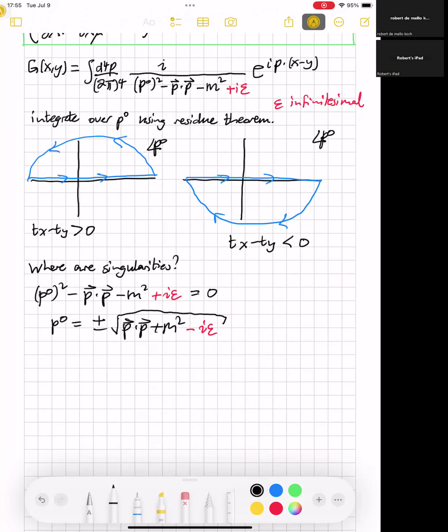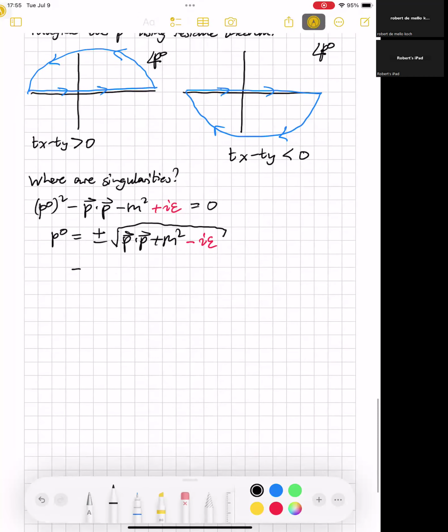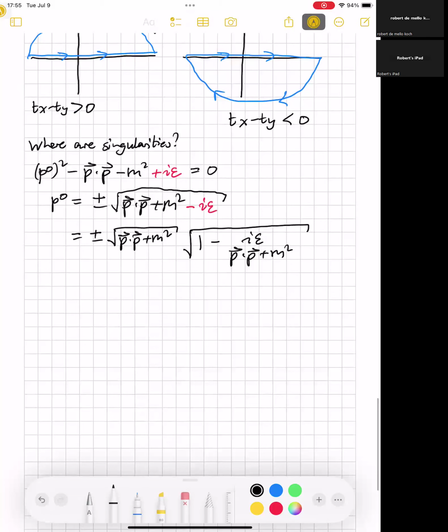So let's do that, okay? So this will be equal to plus or minus the square root of P dot P plus M squared, and then we've got a square root of 1 minus i epsilon over P dot P plus M squared. So what is this equal to?